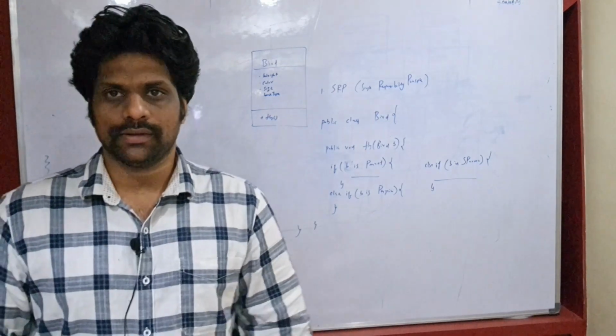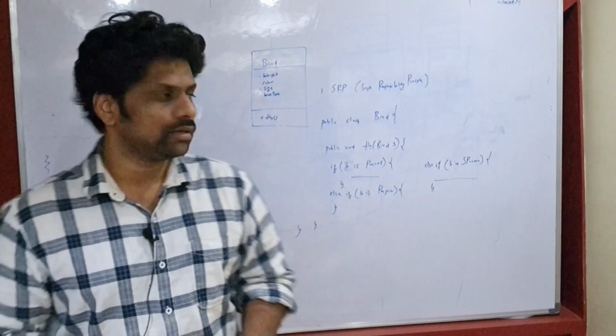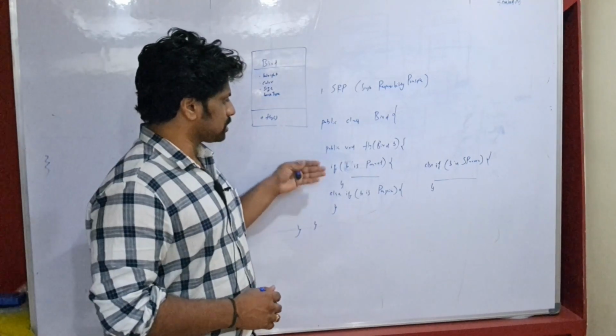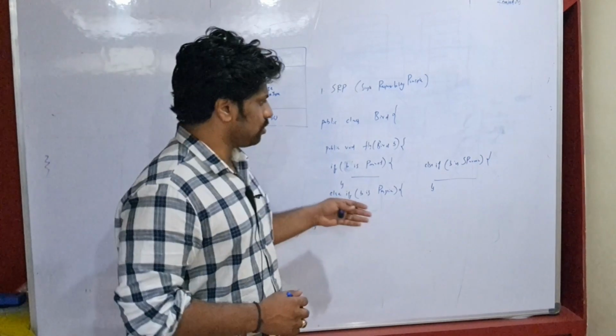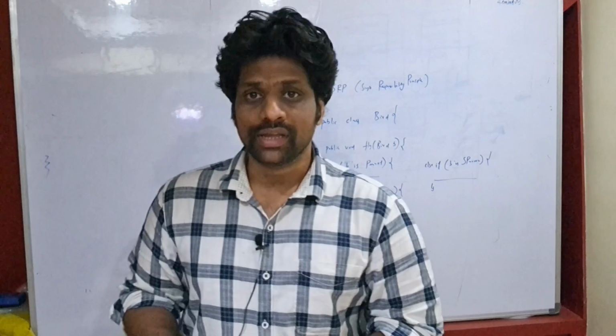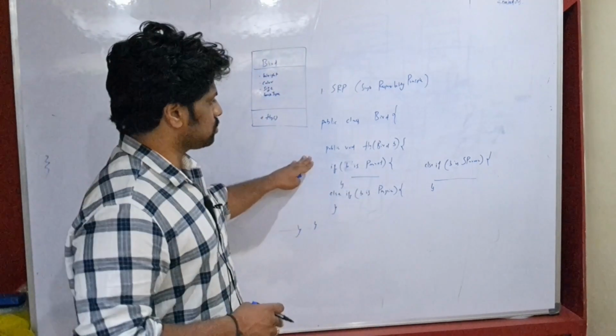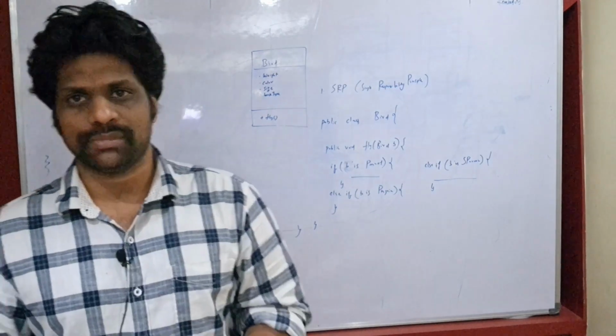So if you see here, we are handling these bird types as separate scenarios, and we are adding more and more if conditions. Within the same class we are trying to address different types or different behaviors at the same time.